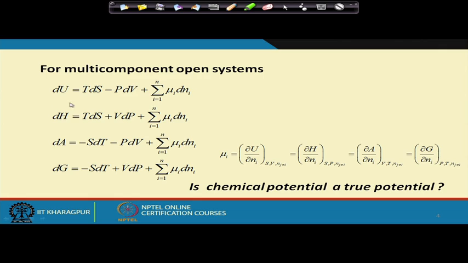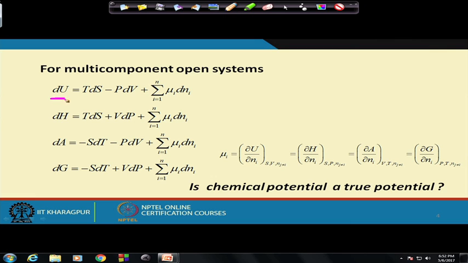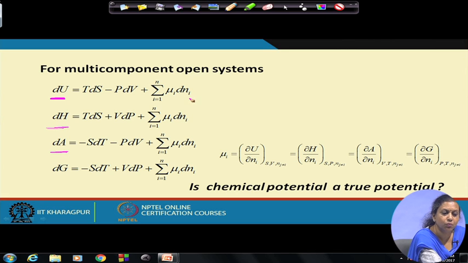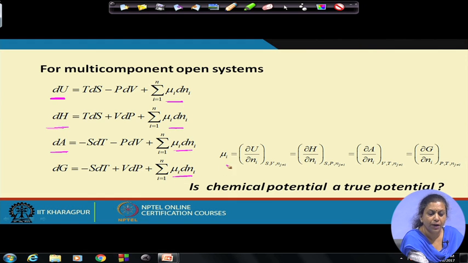I have written down the equations for the multi-component open systems, and in each case again it can be proved that the property change due to the change in the number of moles of component i, when the number of moles of all other components are kept constant, is given by mu_i dn_i.